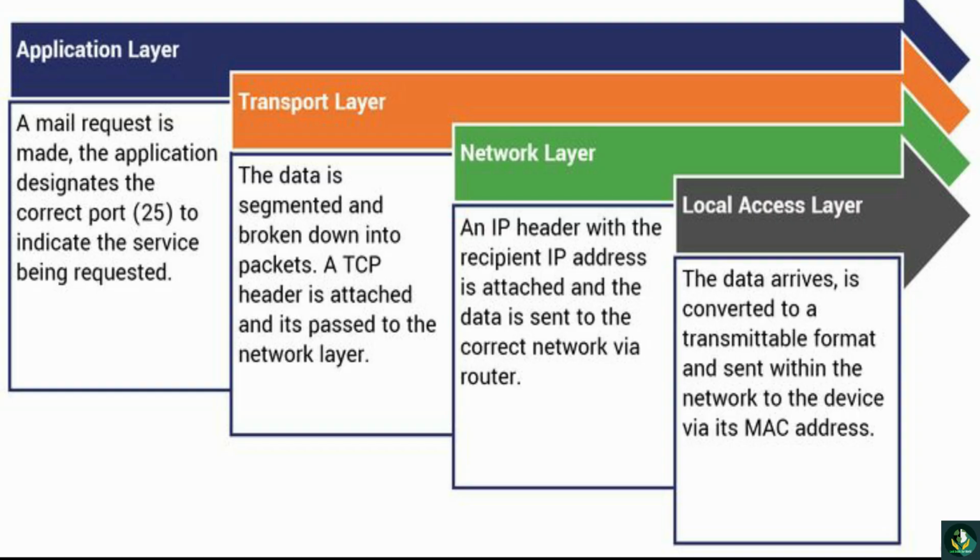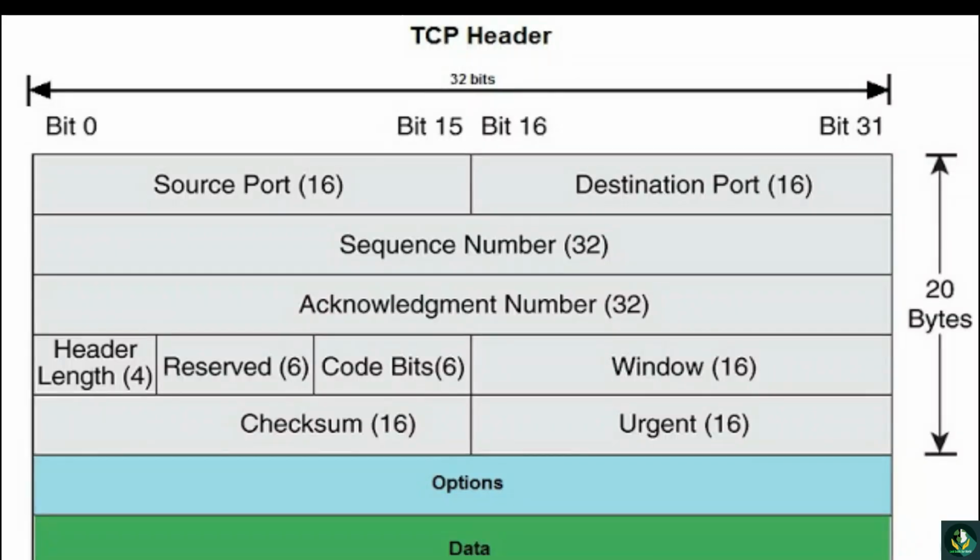Sequence number and acknowledgement number are each 32 bits. Header length 4, reserved 6, code bits 6, window size 16, and urgent pointer 16. Checksum 16. So that's the TCP header.